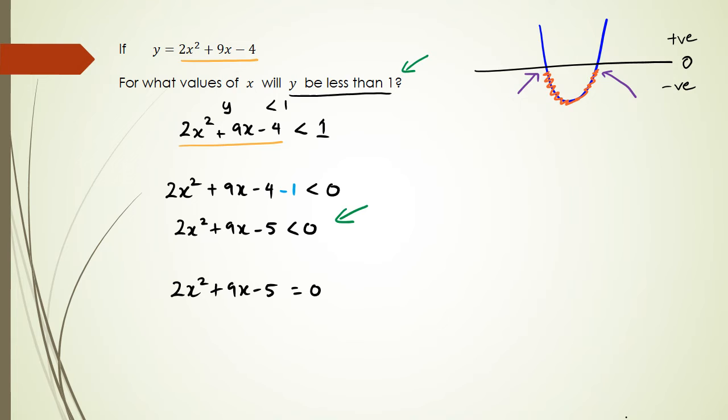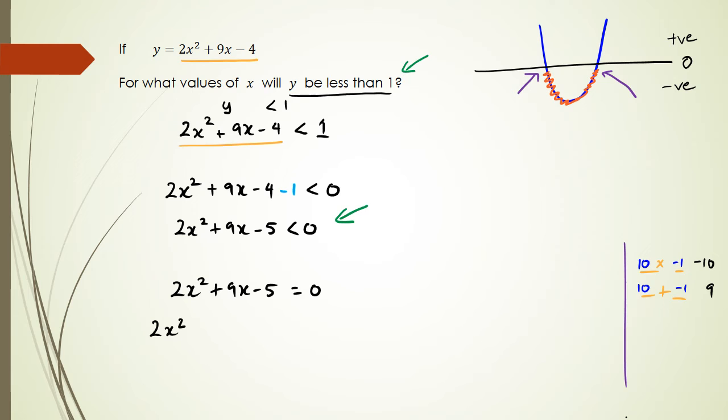So to factorize this, we'll do it on the side here. 2 times negative 5 is negative 10. So I'm looking for two numbers that multiply to negative 10 and add up to positive 9. In this case, it will be positive 10 and negative 1.